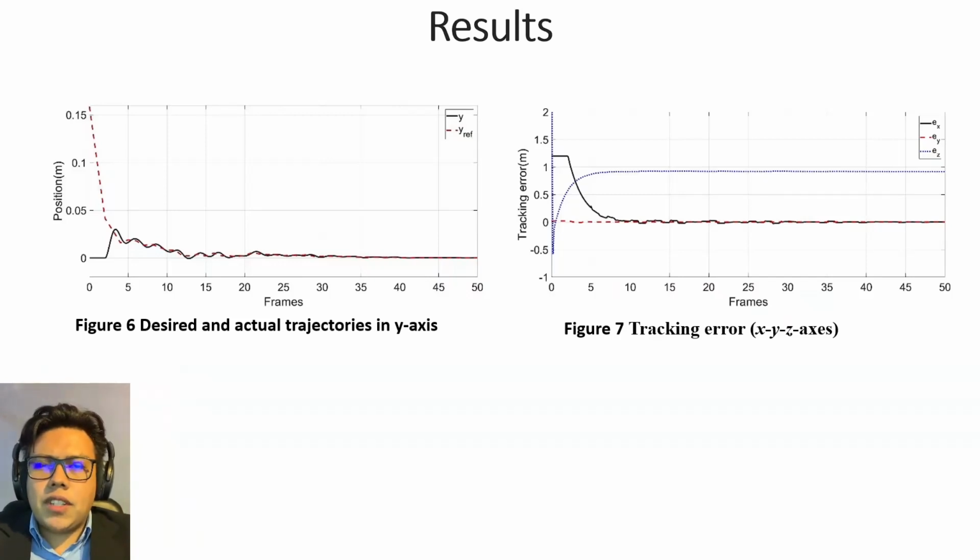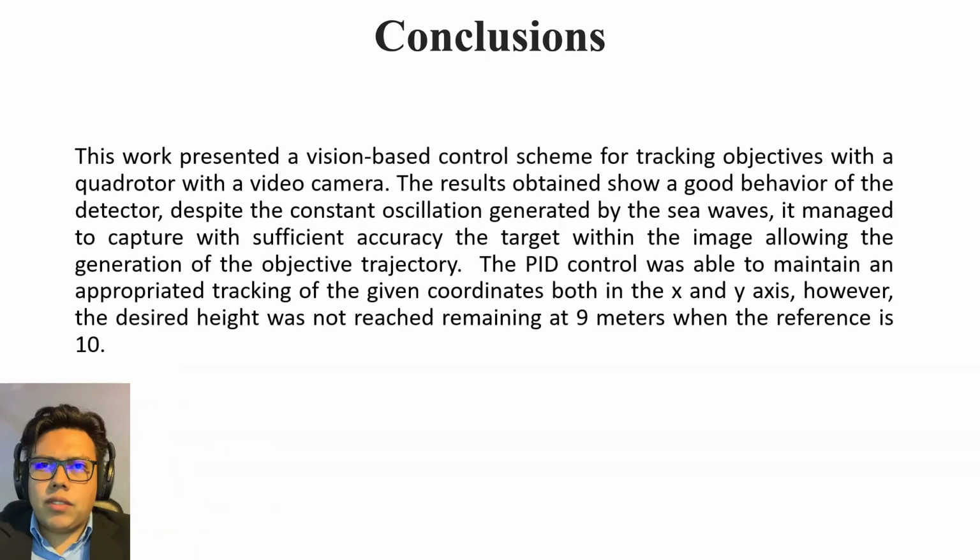This work presented a vision-based control for tracking objects with a quadrotor with a camera, and the results obtained showed a good behavior of the detection, despite the constant oscillation generated by sea waves.